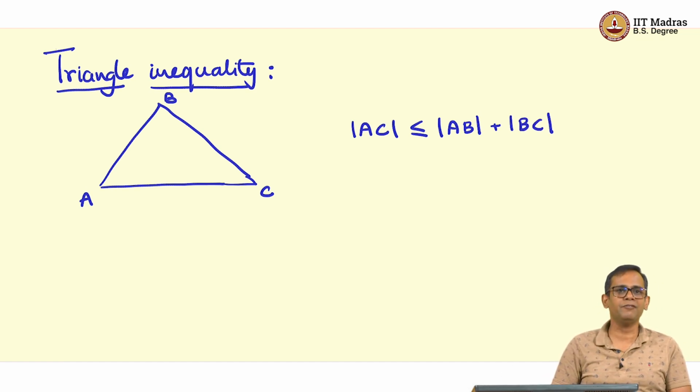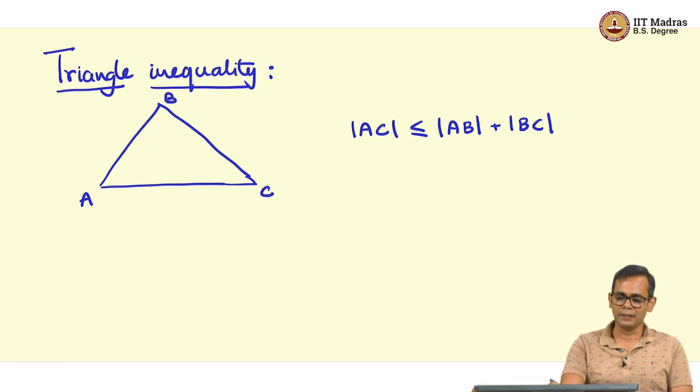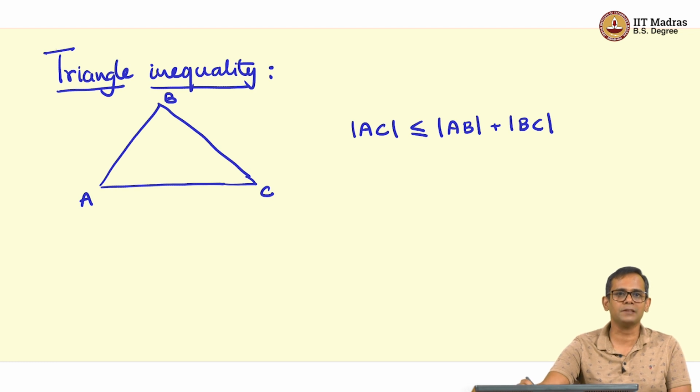Well, if you believe that the shortest path between 2 points is a straight line, then this straight line joining A to C is certainly the shortest path from A to C. But here is another path from A to C, the path that goes in a straight line from A to B and then goes from B to C, and its length is the length of AB plus the length of BC. And so, the shortest path, which is the length of AC, has to be less than or equal to the sum of the lengths of AB and BC.